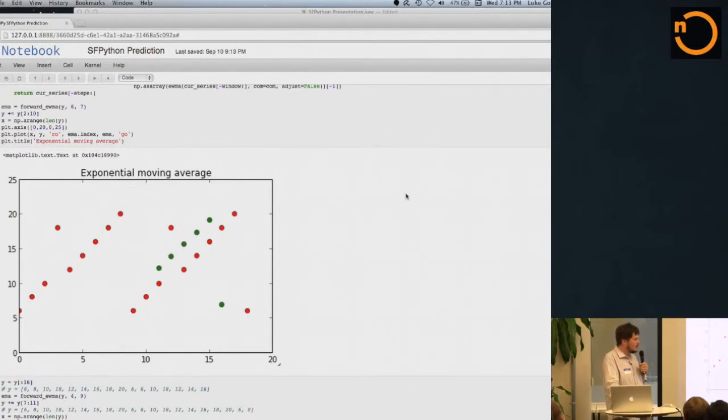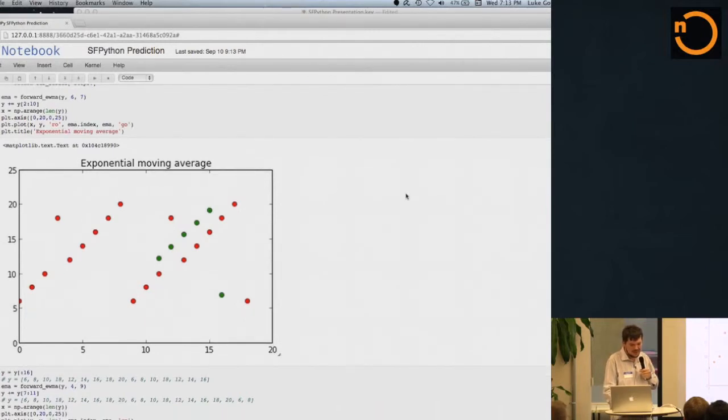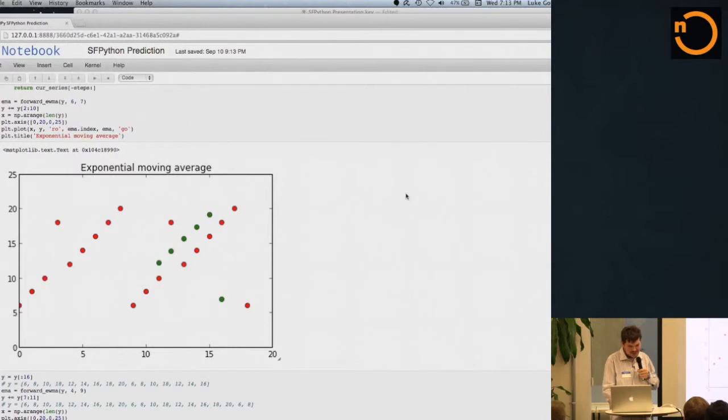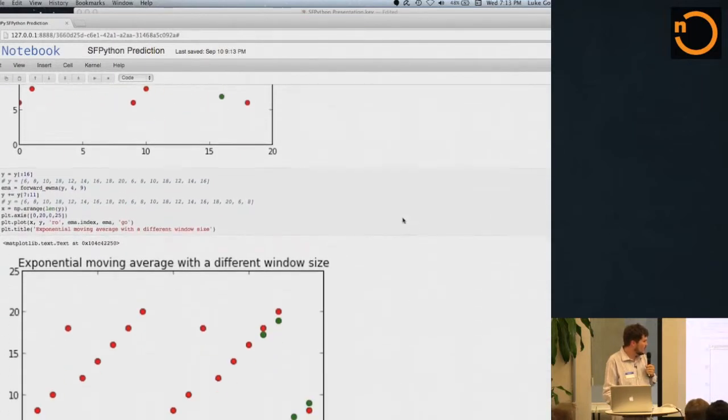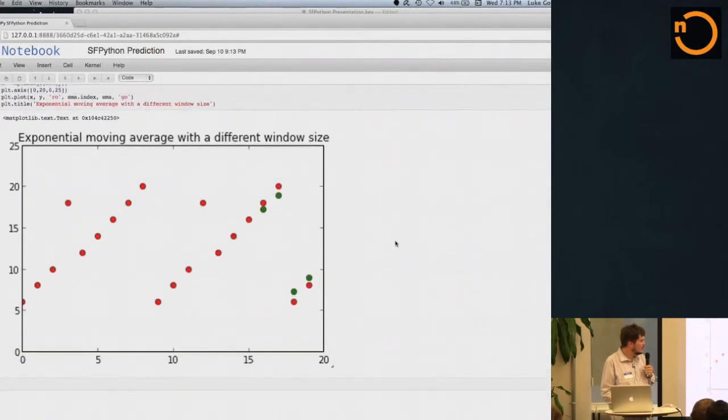There are other parameters involved with this exponential moving average. Besides alpha, we can tweak it a little bit, and see what happens if we change the window size for the data that we're looking at. Again, green here is predicted and red is actual. If we use a window size that matches the period of the data, we see that the predicted data points are a lot closer to the real data points.